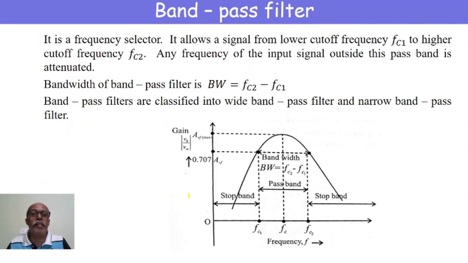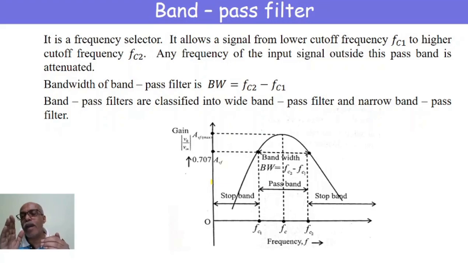And we have one more filter called the band pass filter. This band pass filter is a frequency selector. It allows signals between a lower cutoff frequency and a higher cutoff frequency. Below the lower cutoff, the frequencies are not allowed.